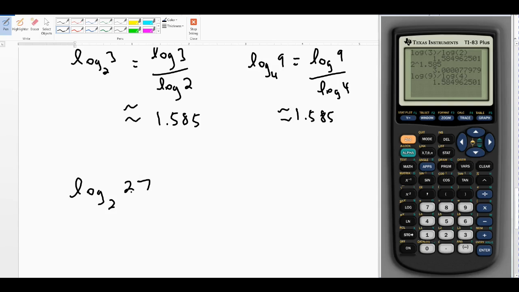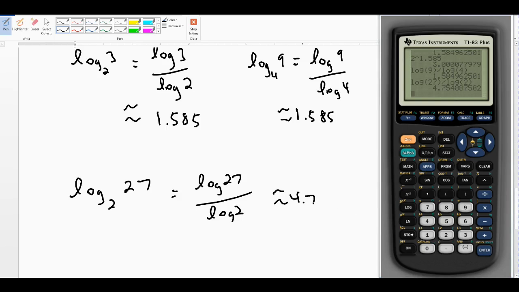So we're looking for the answer between 4 and 5. So log of 27 divided by the log of 2. That's about 4.755.